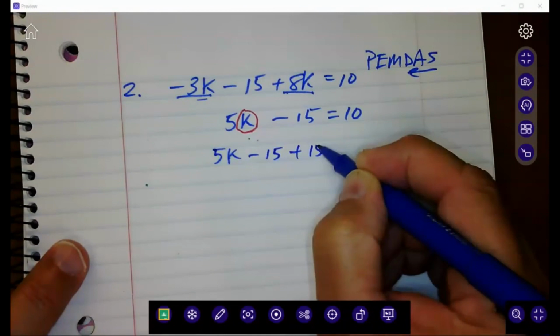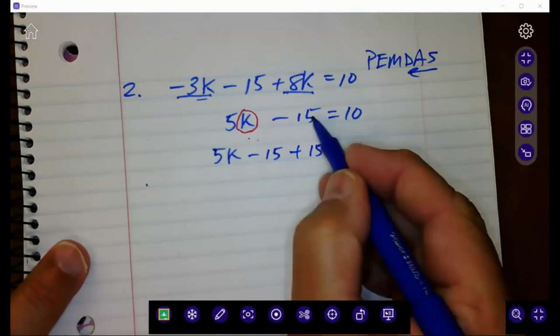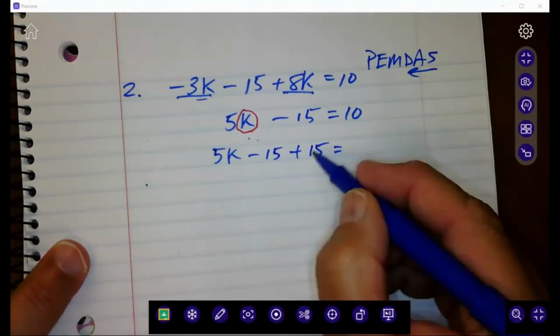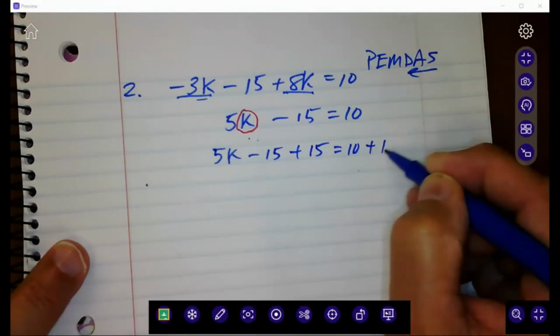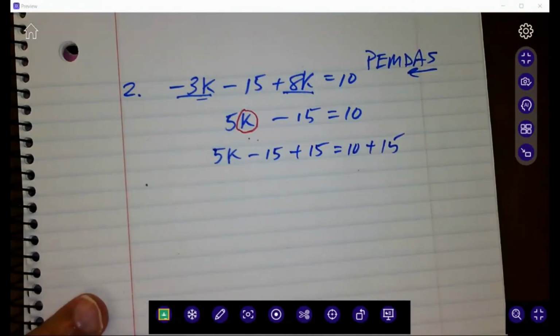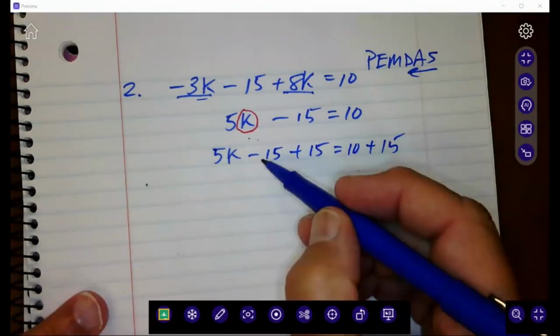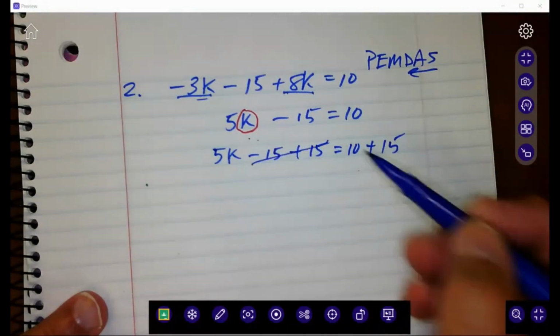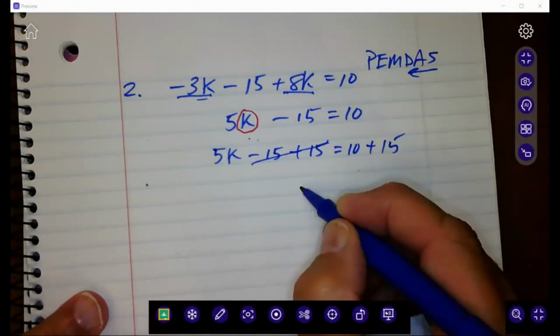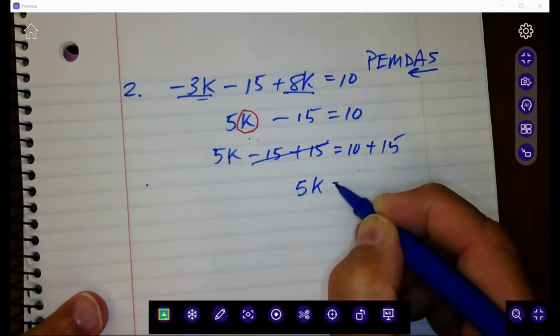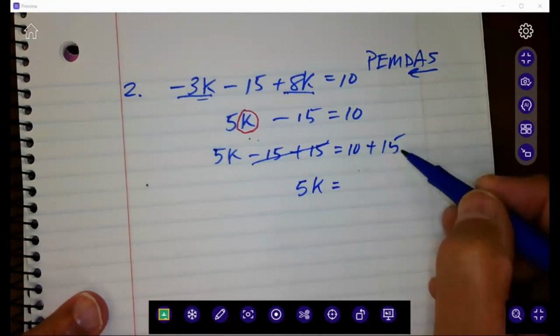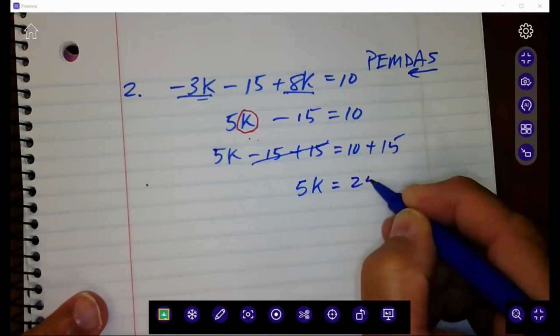We're going to add 15 so that that will disappear. If you do that on that side, we must do that on this side. This becomes 0. And we're left with 5k. On this side, 10 plus 15 is 25.